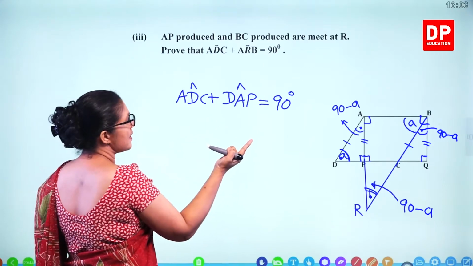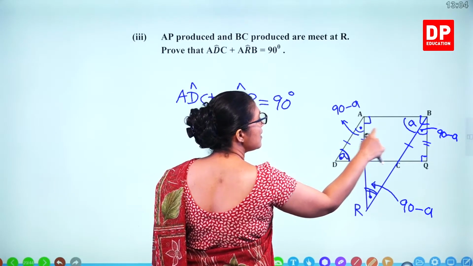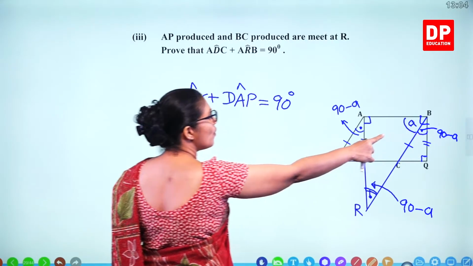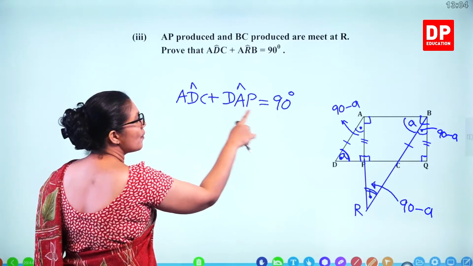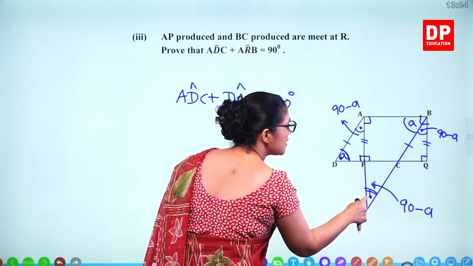A and 90 minus A. And we know that this angle is equal to this angle we found before. So this angle and this angle is equal to this angle.